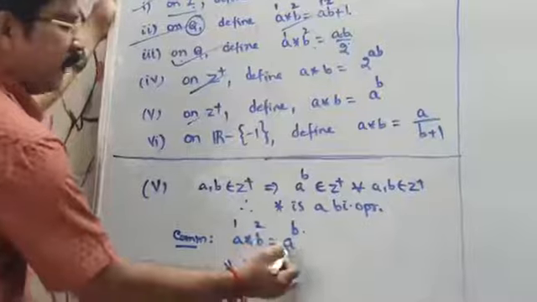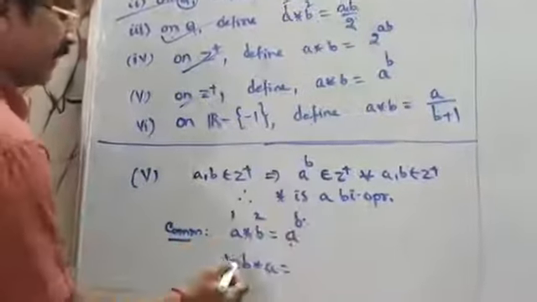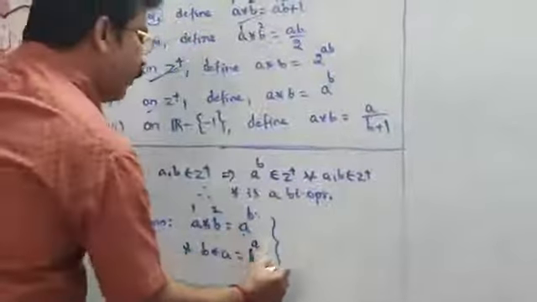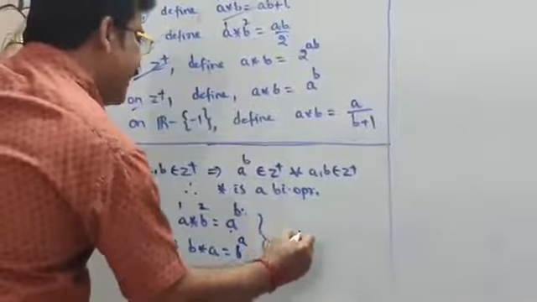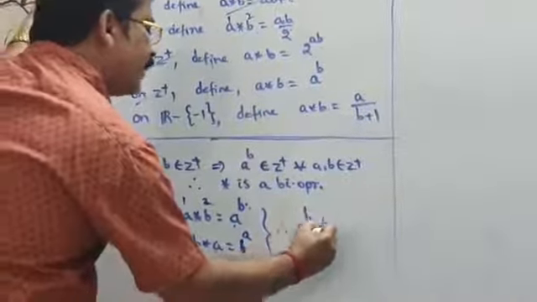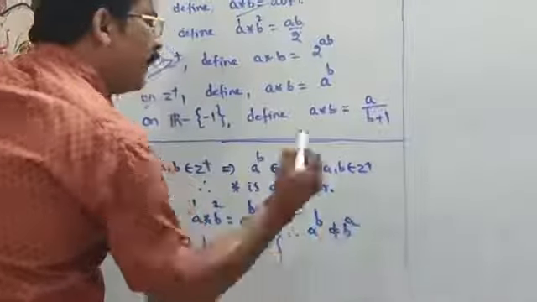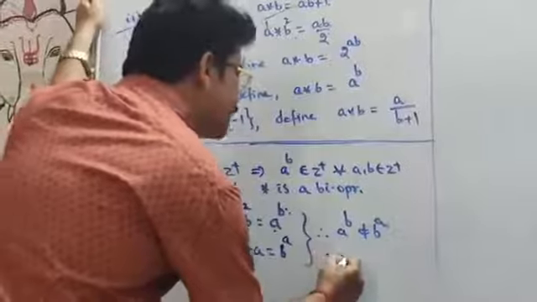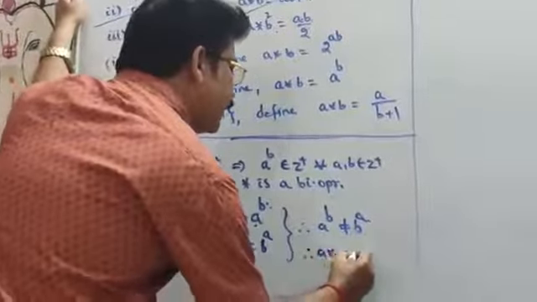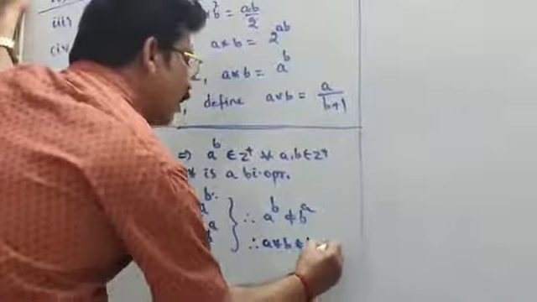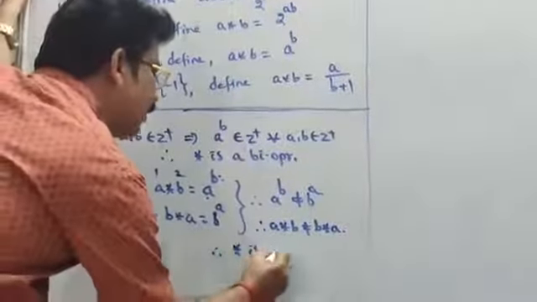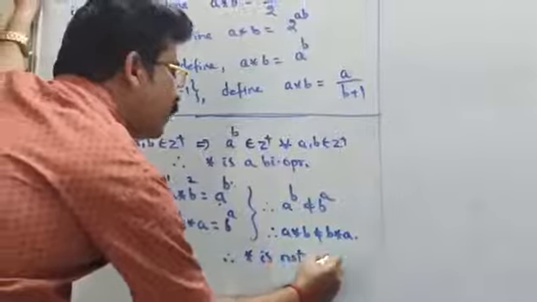It is b to the power of a. Clearly a power b is not at all equal to b power a. Therefore a star b is not equal to b star a. Therefore star is not commutative.